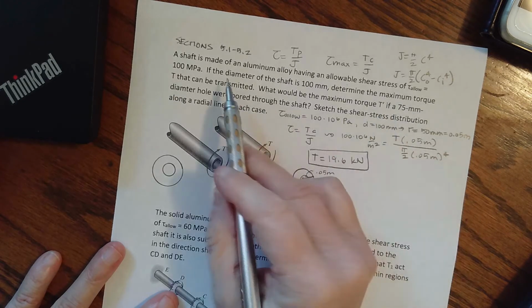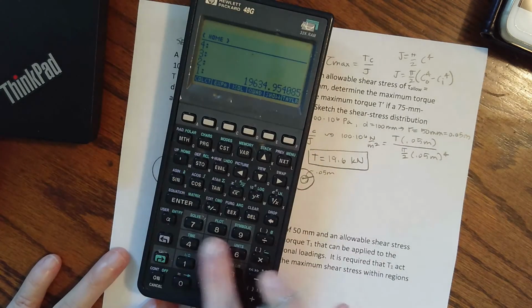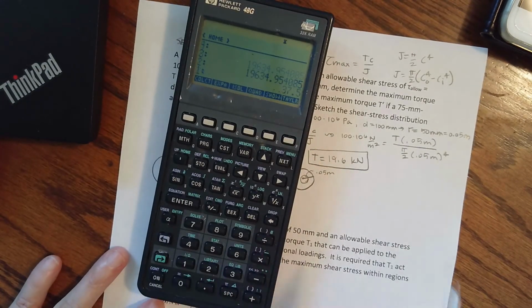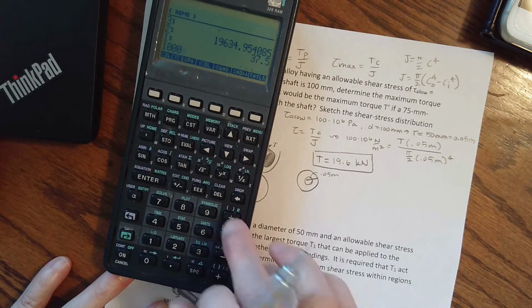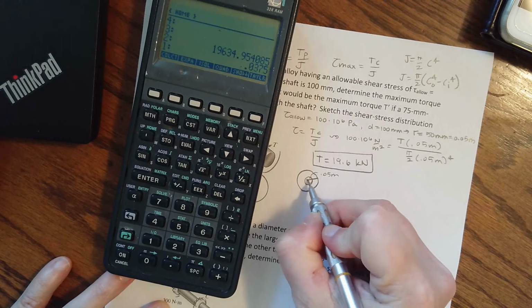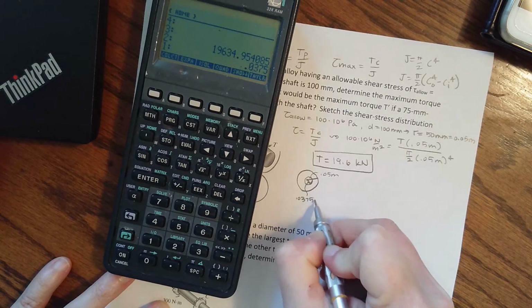When I look at that hole, it is a diameter of 75 millimeters. So 75 divided by 2 is 37.5 millimeters. Divide that by 1,000 to get it into meters. And so I'm going to have this internal radius of 0.0375 meters.